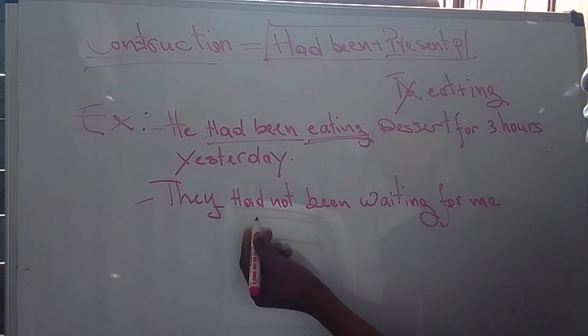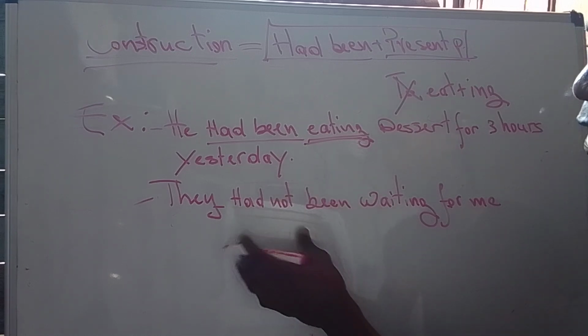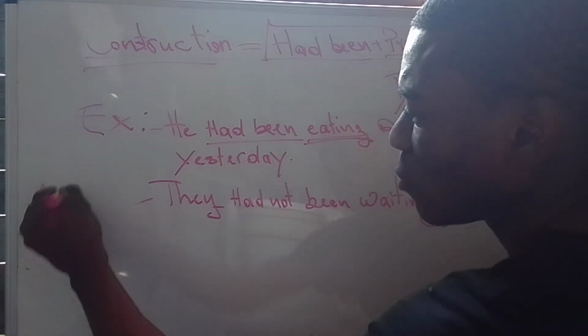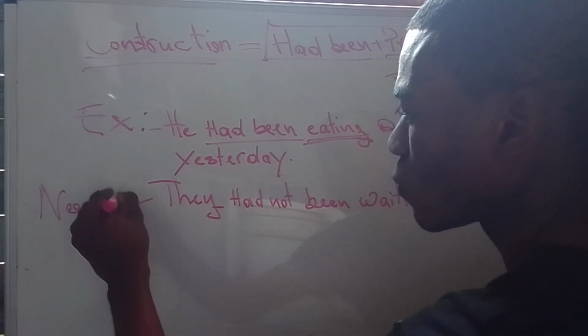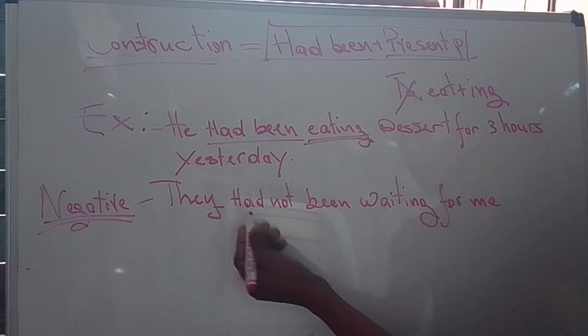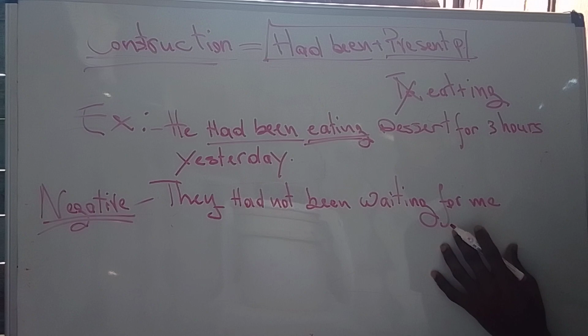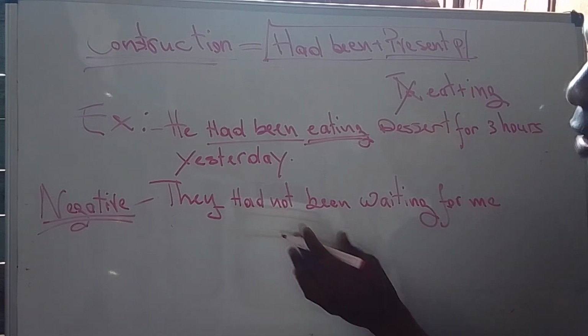This is the had been. That's the negative form. Okay, guys? They had not been waiting for me. So make sure you understand.